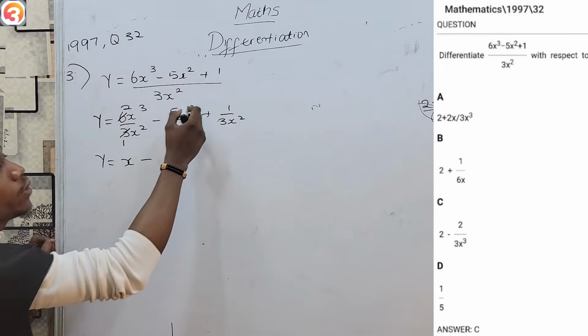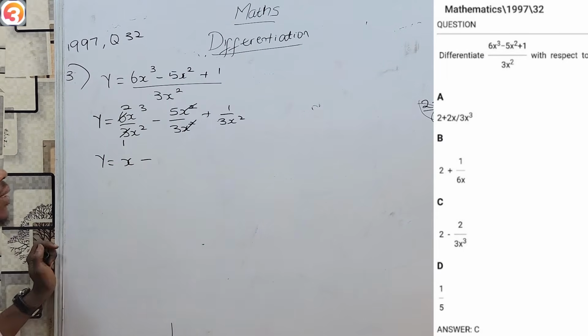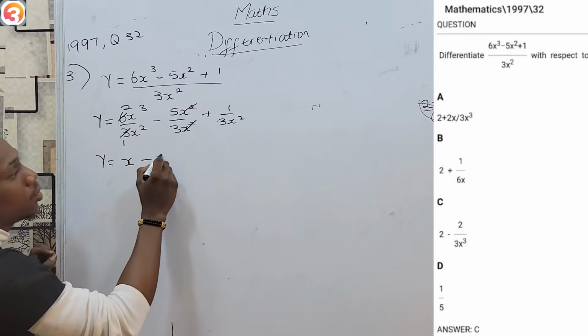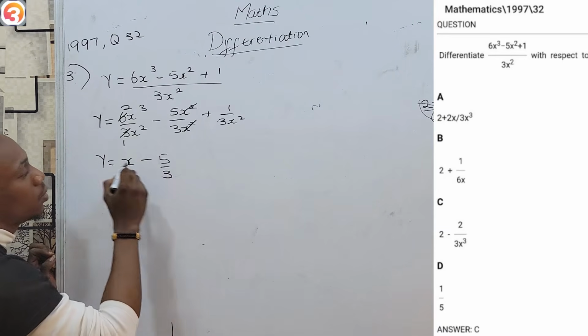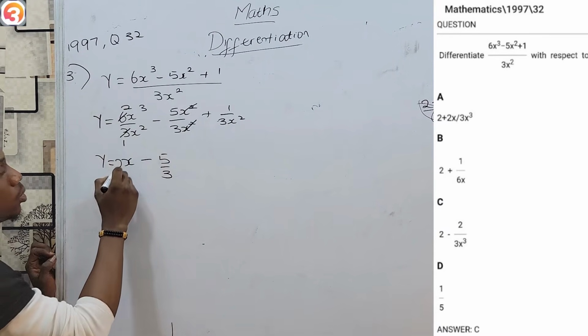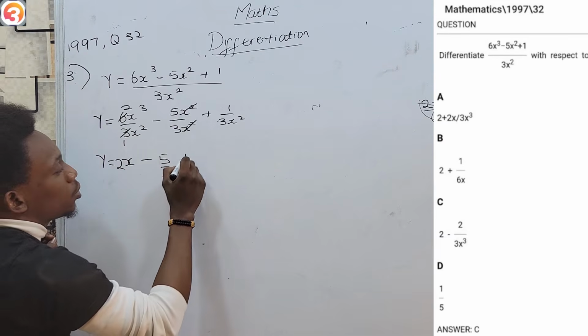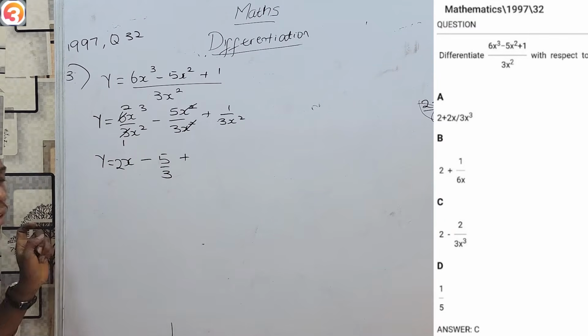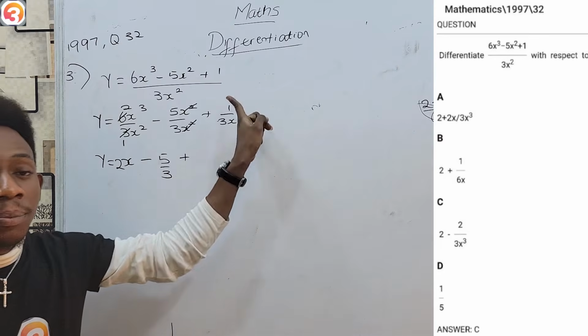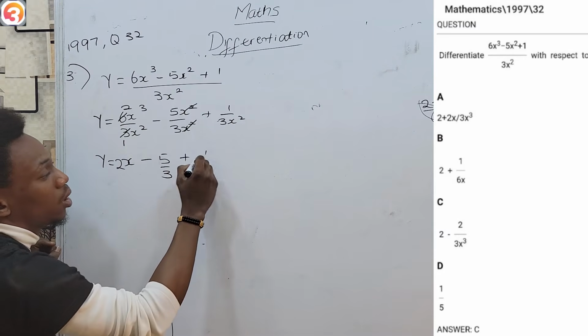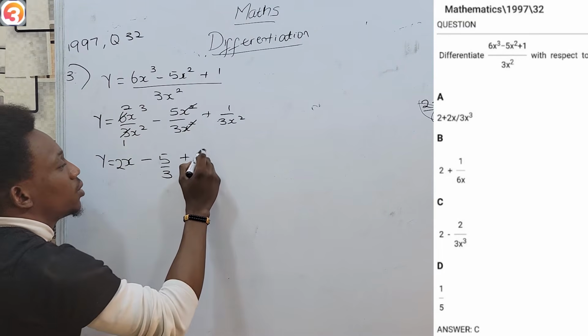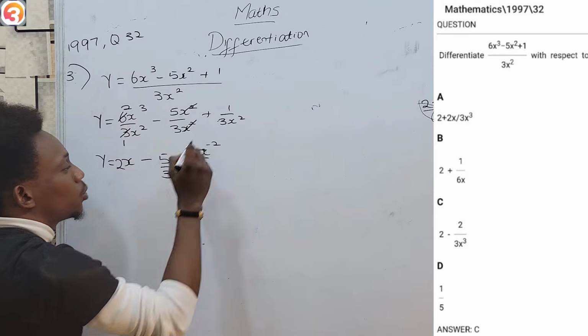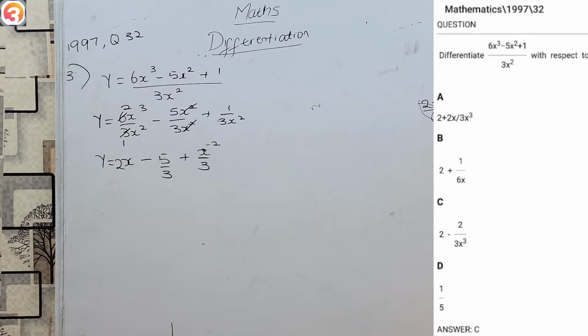Minus, over here, x squared cancels x squared. 5 over 3 remains 5 over 3. Oh, I forgot this 2 right here, so here should be 2x. Then last but not least, from the laws of indices, this x can simply come upwards and the power becomes negative. So that is x to the power minus 2.